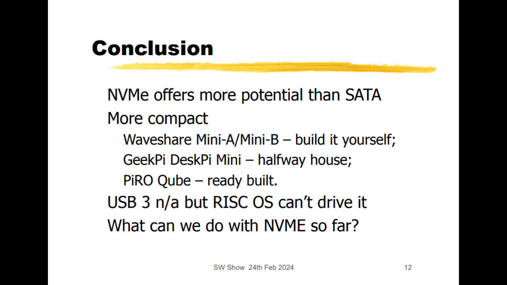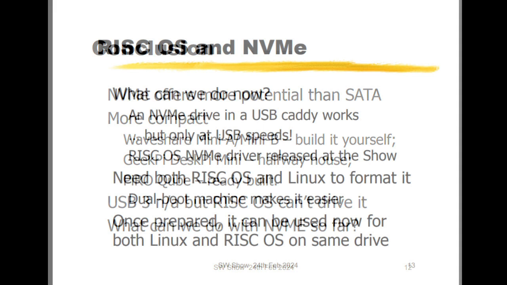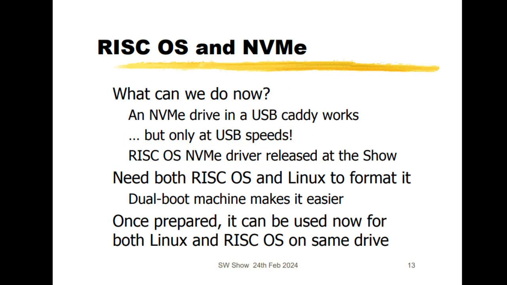Some drives connect using USB 3, but that doesn't help RISC OS, because RISC OS can't really drive USB 3 at its proper speed. So we get our best result from PCI Express. So, RISC OS NVMe drivers are being released at the show.